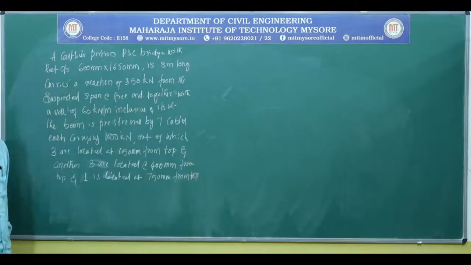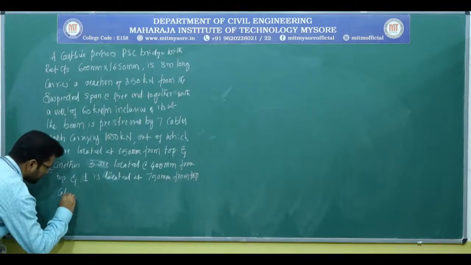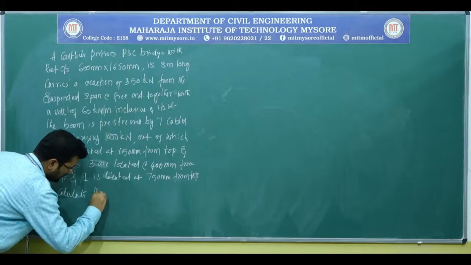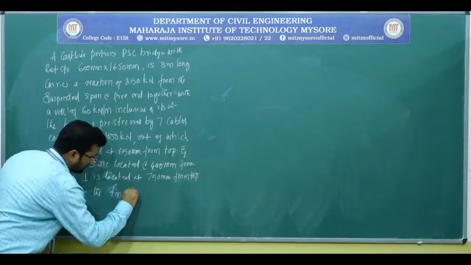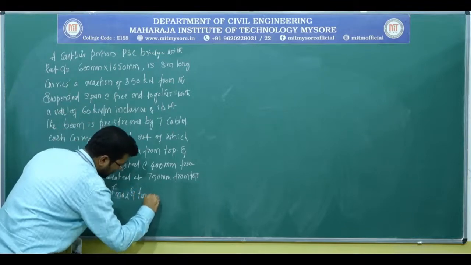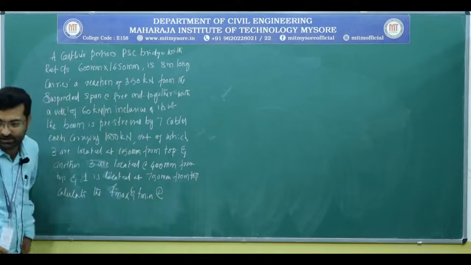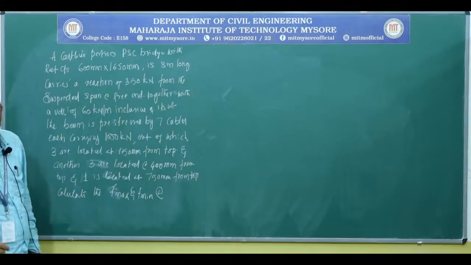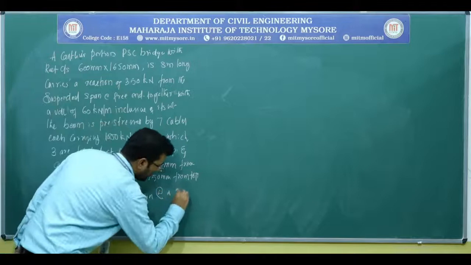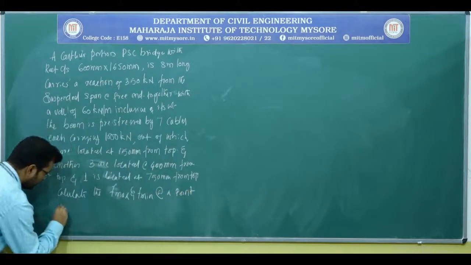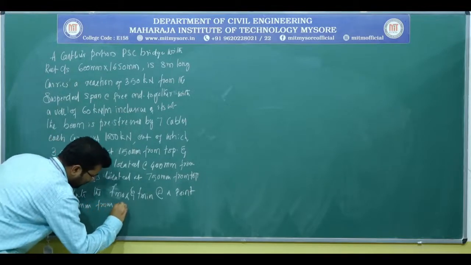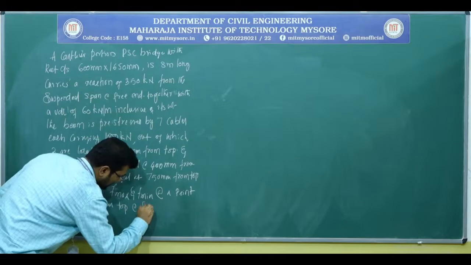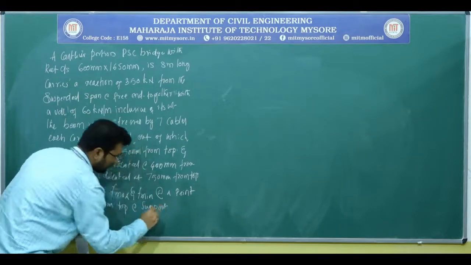So we have to calculate the principal stresses, the F maximum and F minimum at a point 550 millimeter from top at support section.